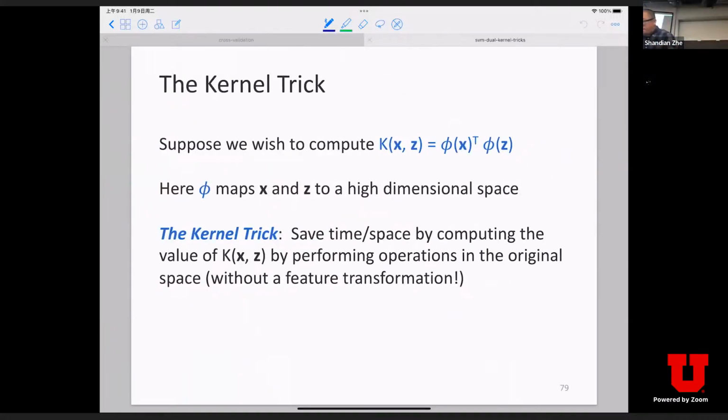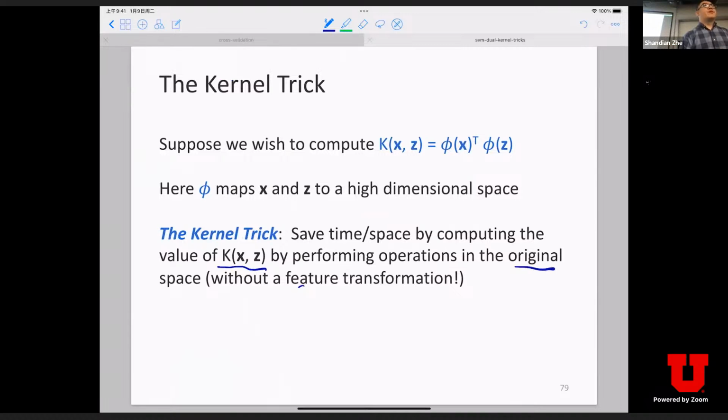So the definition of the kernel trick is as follows. If we can save time and/or space by computing the value of the dot product of the mapped feature vectors by only performing operations in the original space, without an explicit feature transformation, then we say you're applying some kernel trick.